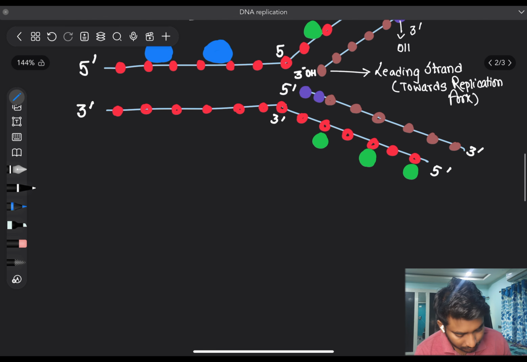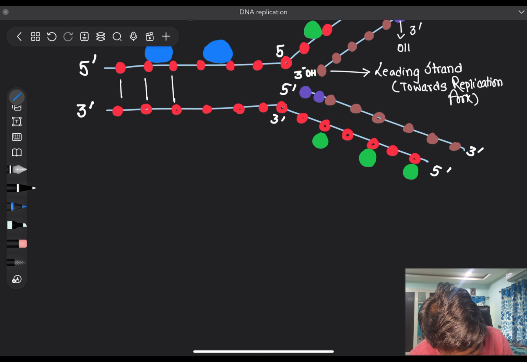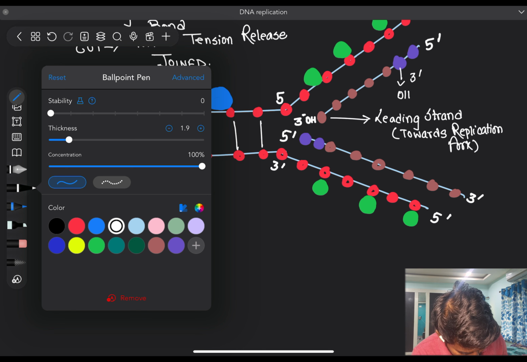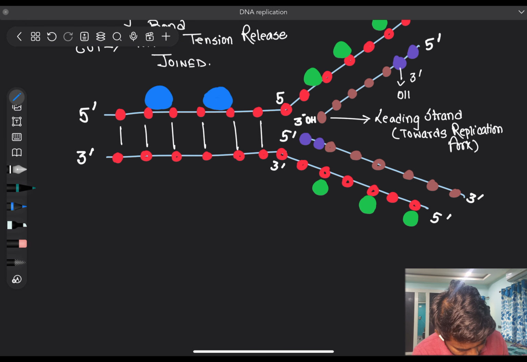Okay, now the DNA, here it is bond, the hydrogen bond is here. Here the hydrogen bond is there.